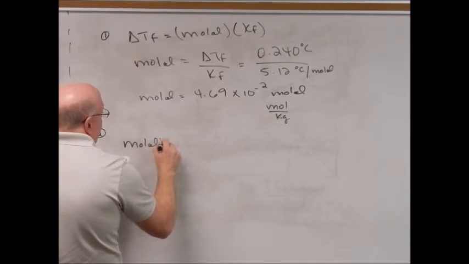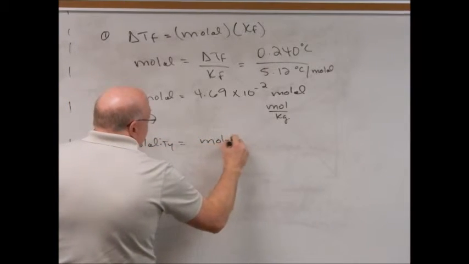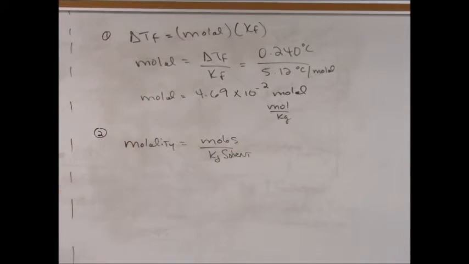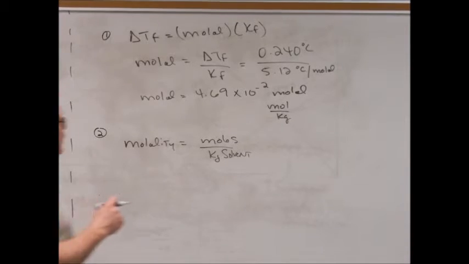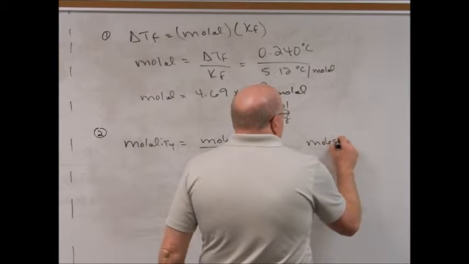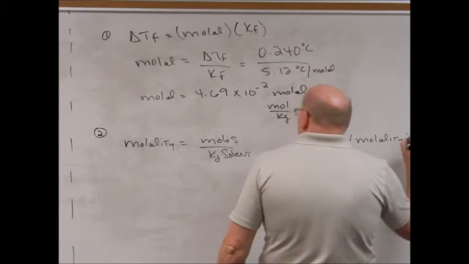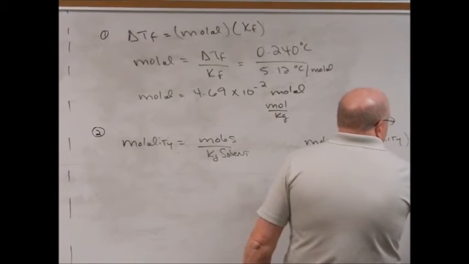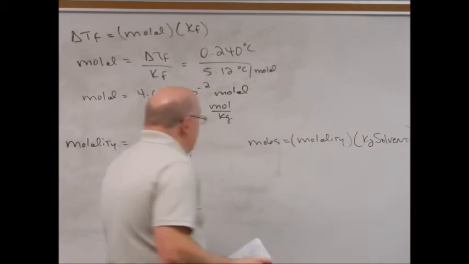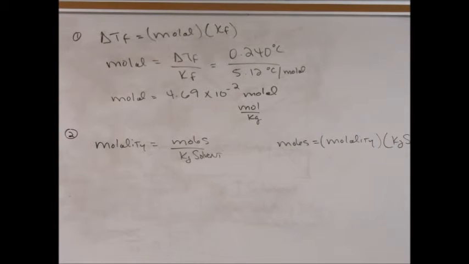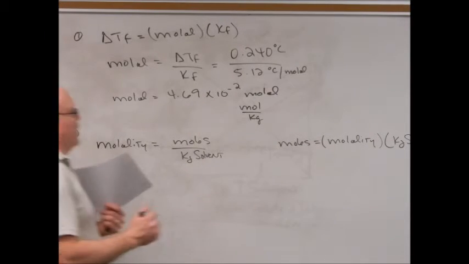Since molality equals moles per kilogram solvent, and we just found the molality, and we know how much of the benzene we put in, so we have two values. We can solve this for how many moles we have. Now be careful when you do this because you have the molality you just found, 4.69 times 10 to the minus second.